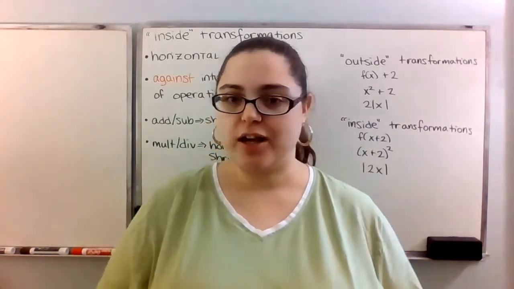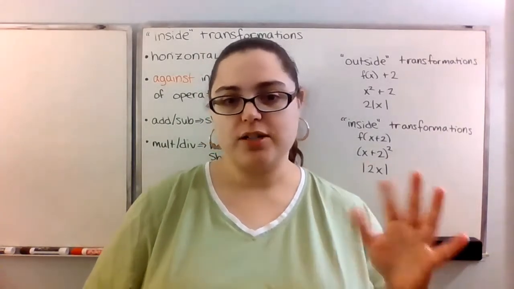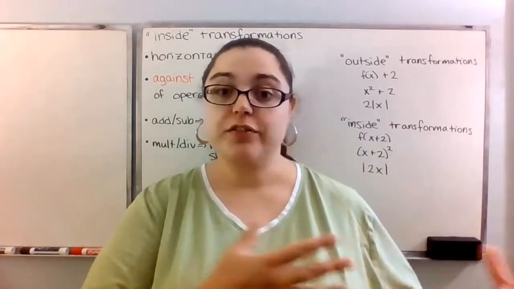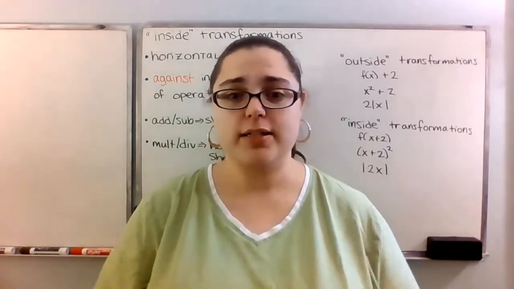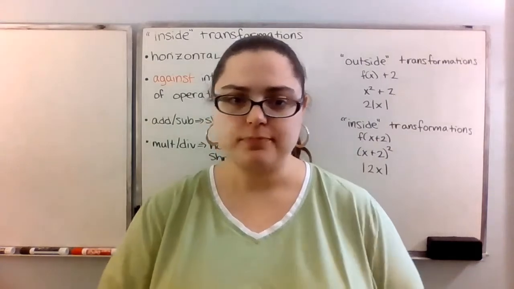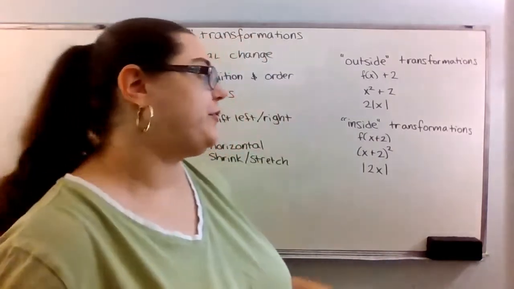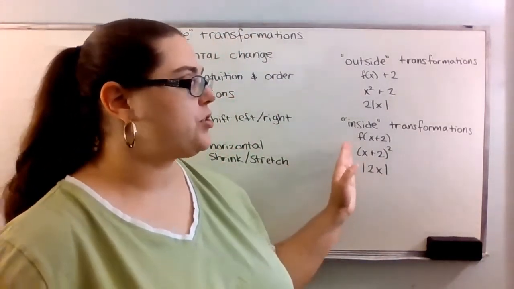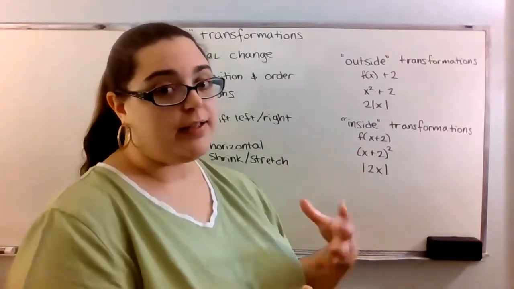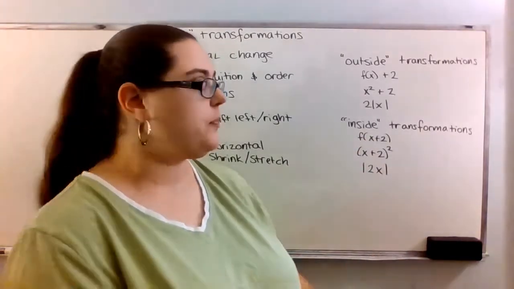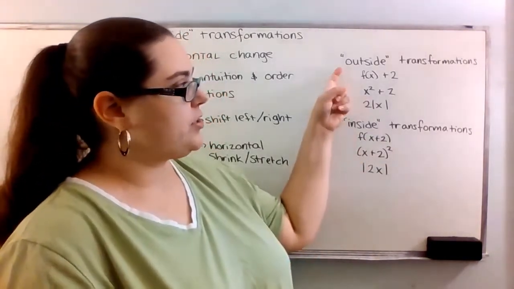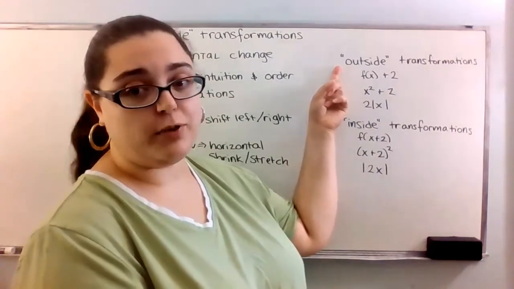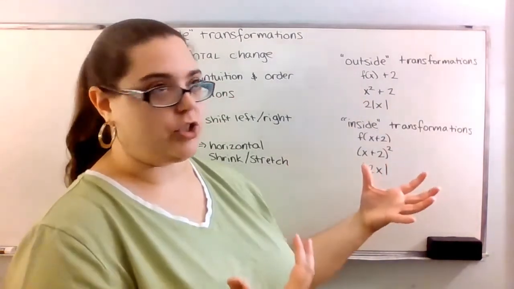So a transformation on a function is going to be either a stretch or a shrink, and a shift, maybe up or down, left or right, and also a reflection. So we can identify outside versus inside transformations by where algebraically the action is happening. So outside transformations have the amendment, if you will, happening outside the function itself.